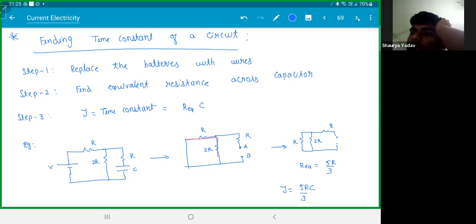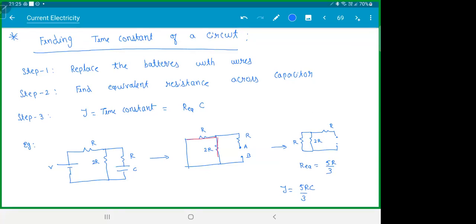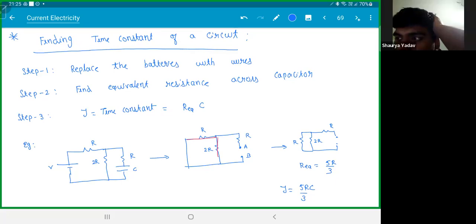So R and 2R will be in parallel. Okay. R and 2R will be in parallel, yeah. And that and R will be in series, no? Yes. Yeah. Clear, everyone?